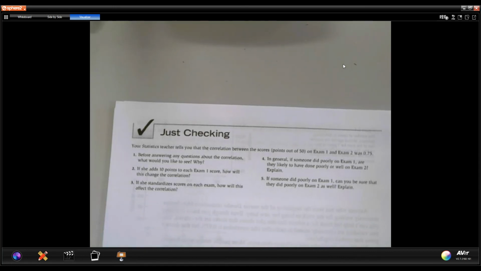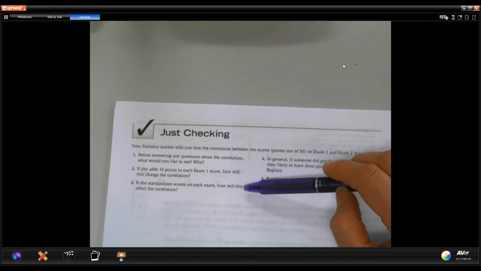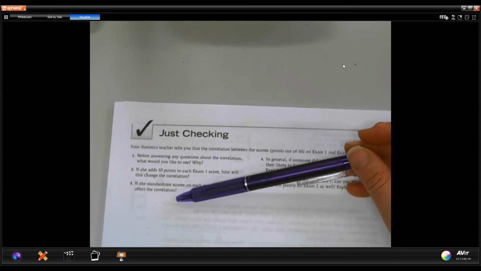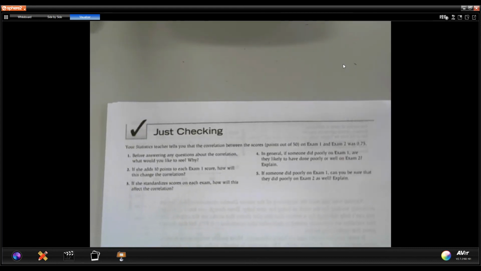It's like changing units, and it does not change the correlation. Number 3, if she standardizes the scores on each exam, how will this affect the correlation? It also will not affect the correlation, because that's, again, just changing the units.